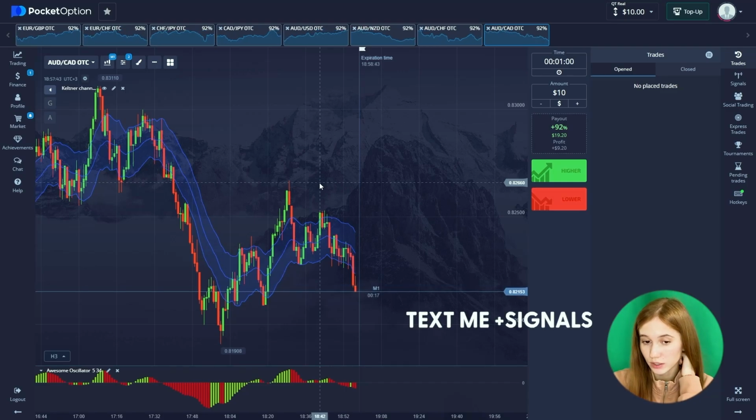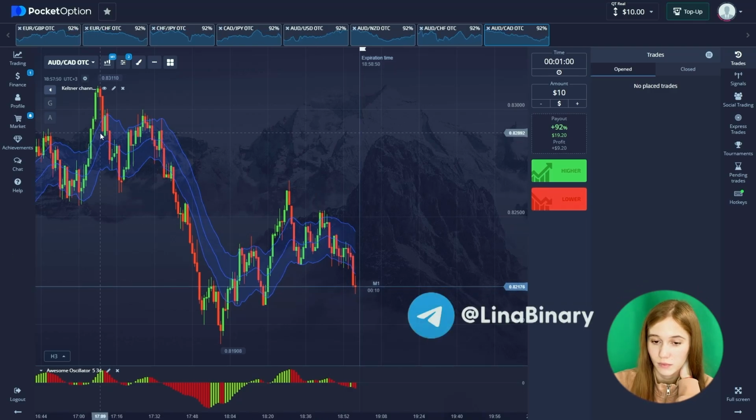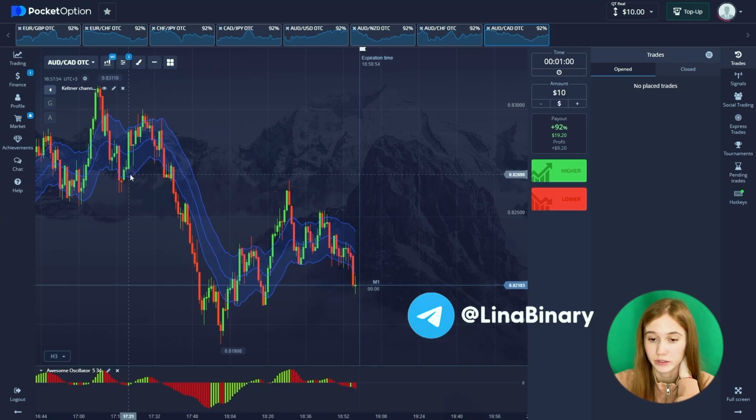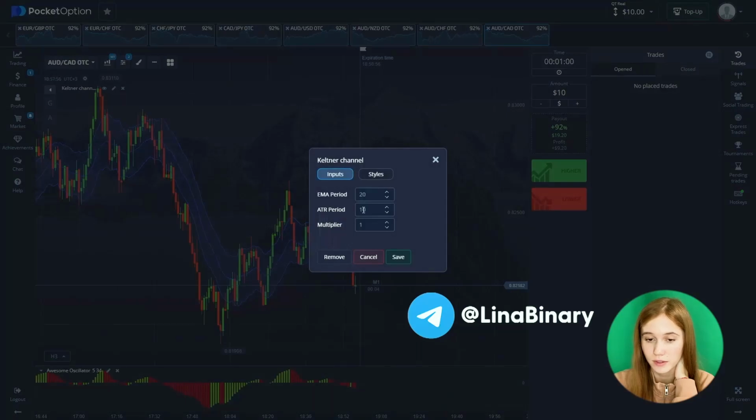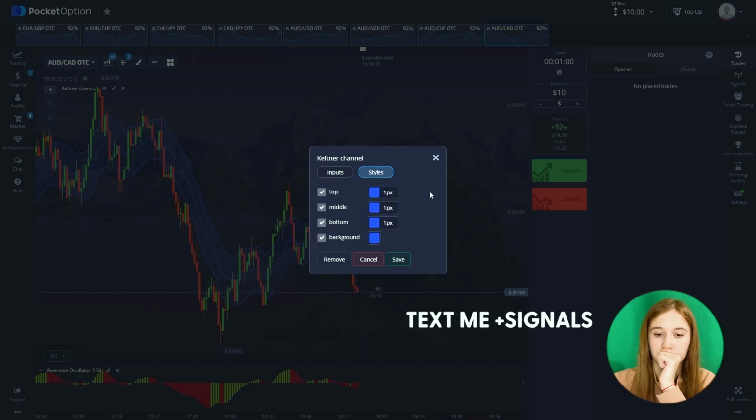For general technical analysis, we will use our indicators, our Keltner channel, with these parameters. You can copy it and use it in your trading.